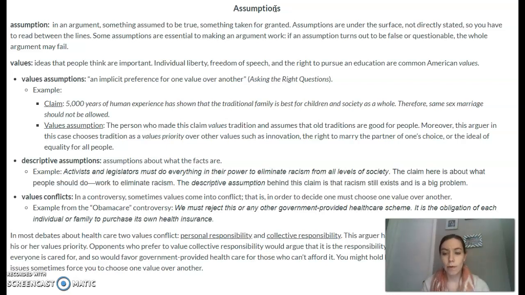So for example, when we talk about the feminist lens, that can be both a values assumption, but it also could be a descriptive assumption. So this idea that women are not treated equally in society can be based off of an assumption that the facts prove that. For example, women make less money than men. They earn like 77 cents, I think it's up to like 84 cents if you're a white woman, to every man's dollar.